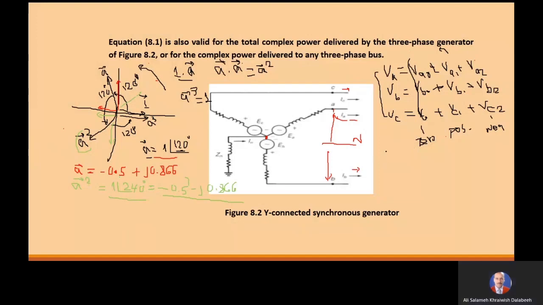So VA is equal to VA0 plus VA1 plus VA2.